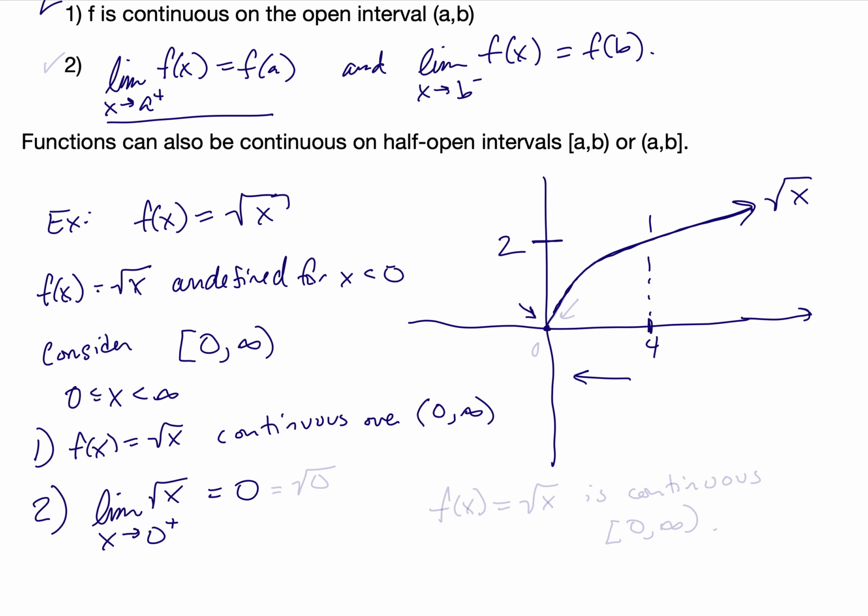So as this function approaches 0 from the right-hand side, the output of the function is getting close to 0. And so that's also equal to square root of 0, the function value at that point. And so that means that part 2 is satisfied as well. And so that tells us that f of x equals square root x is continuous over the half open interval 0 to infinity.